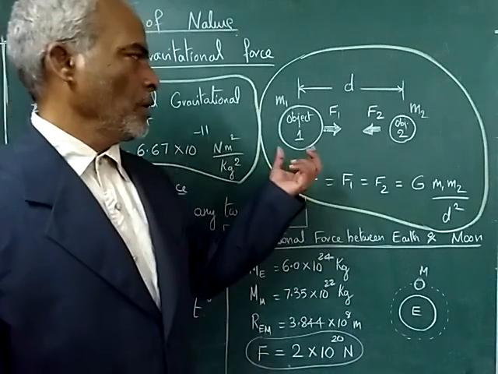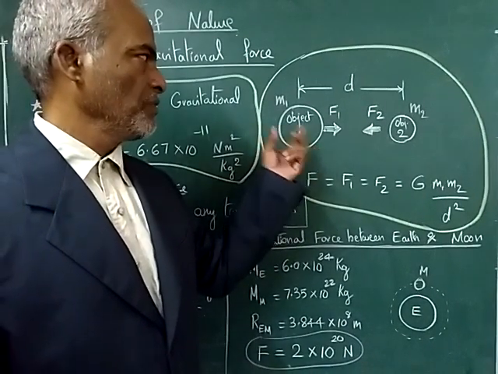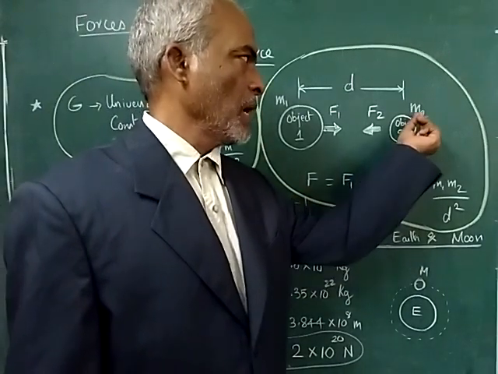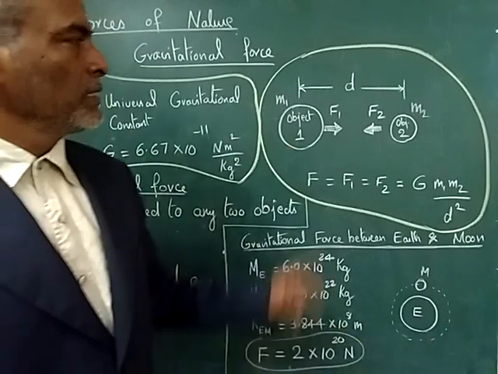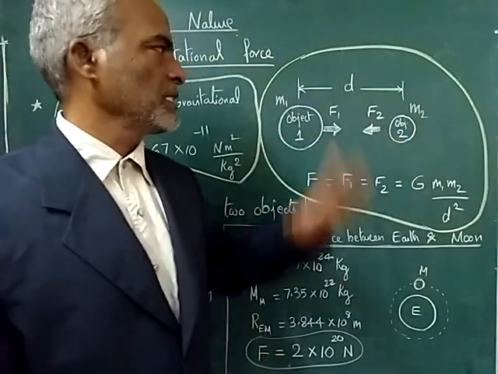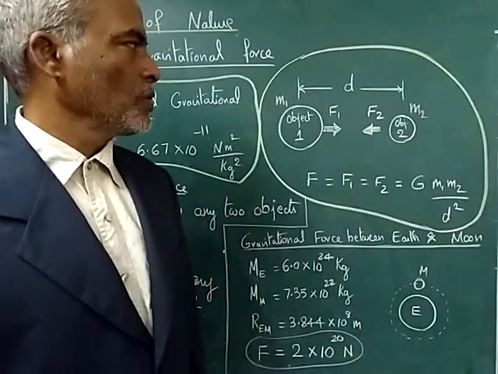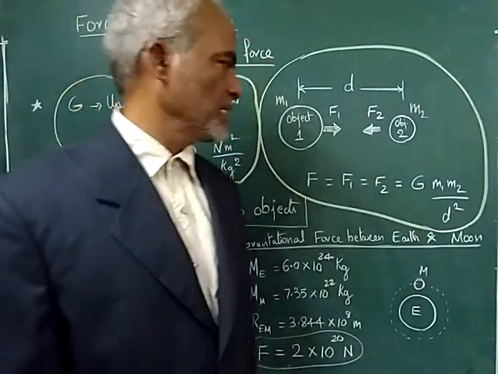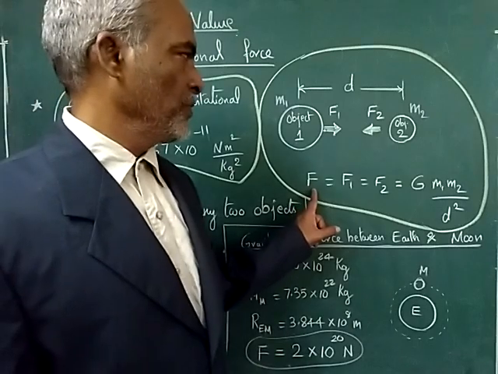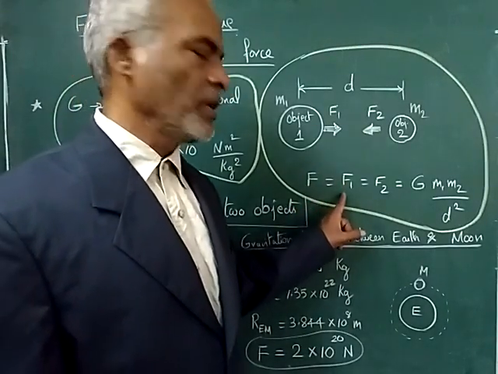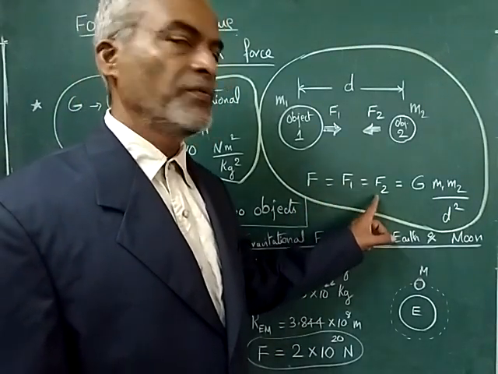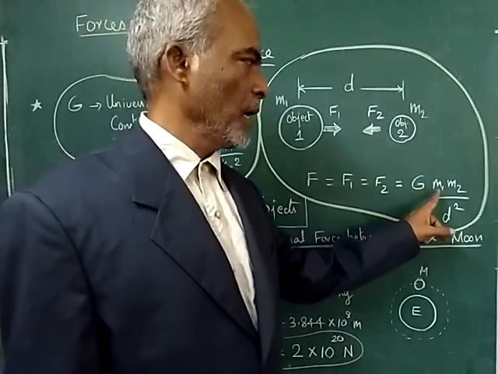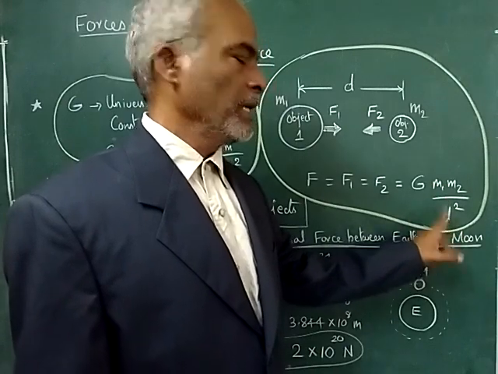Now we have object 1 with mass m1 and object 2 with mass m2. The distance between the two objects is d. The force of attraction between these two objects is given by F, which is equal to F1, which is equal to F2, which is equal to G m1 m2 divided by distance square.